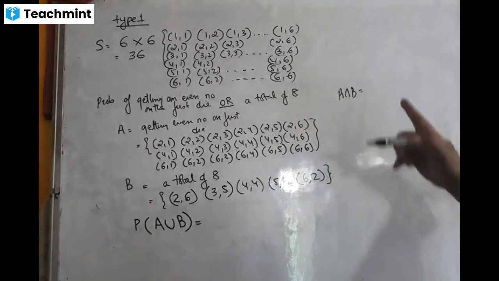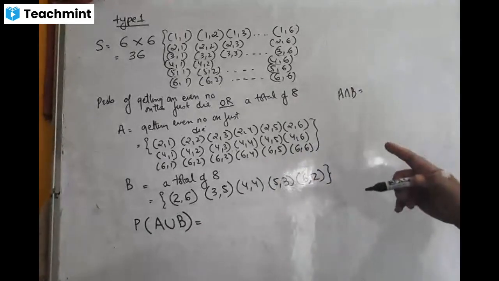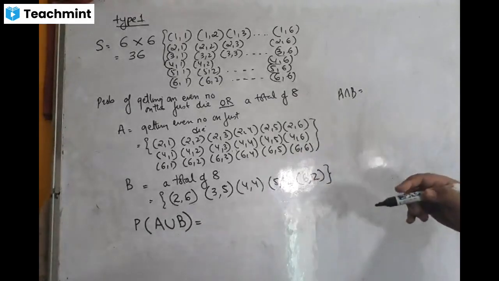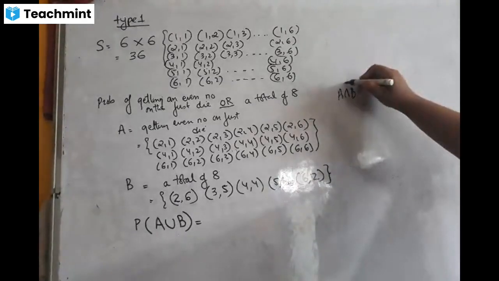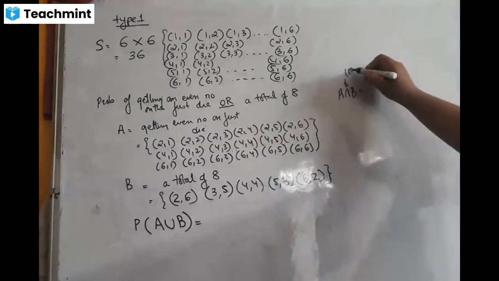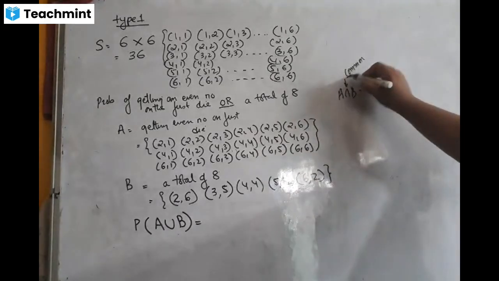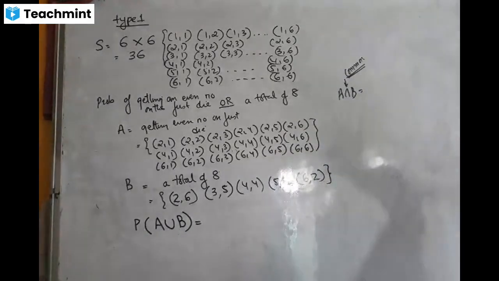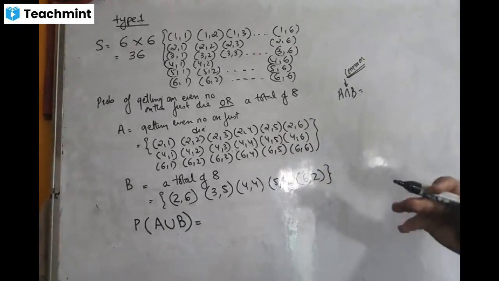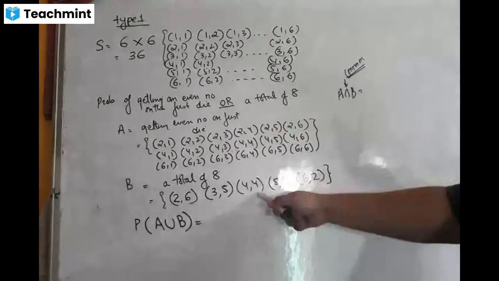Got it? But if there's something common between them, we say that they are not mutually exclusive. This symbol means common. So what we do is we take the common terms from the smallest set. That means not A but B.